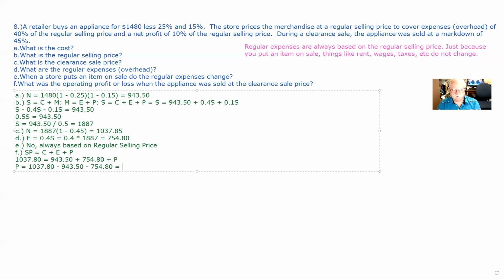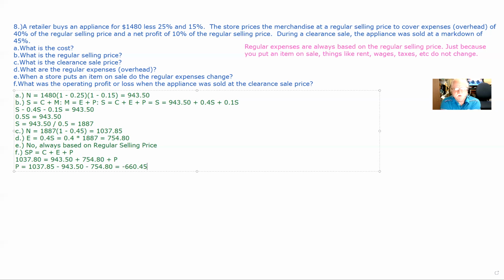Oh no, it's not 80, it's 85. So let's fix that before we screw everything up. 1037.85 minus 943.50, and then minus 754.80, and we get a negative amount here, negative $660.45.